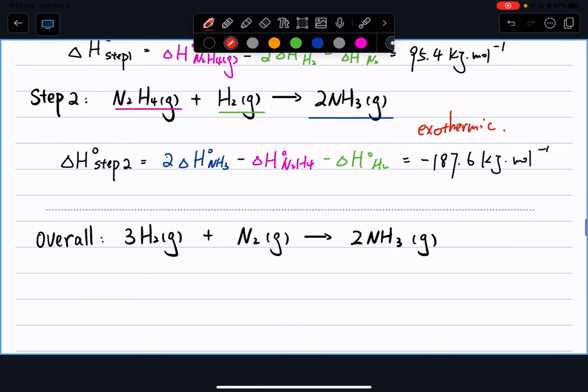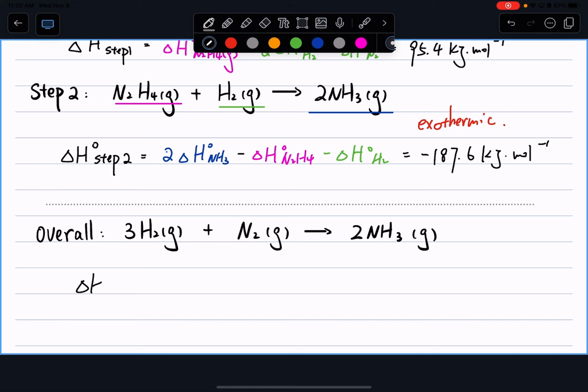So our delta H overall is 2 delta H naught NH3 minus 3 delta H naught H2 minus delta H naught N2. And this delta H naught overall will also equal the sum of our first step and second step.